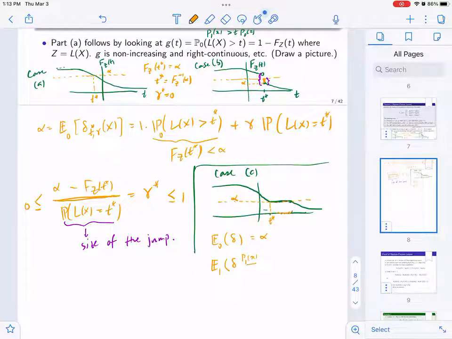Yeah, the problem is this, we can define... you can say something like that, P1 divided by P0. This is the same as this.